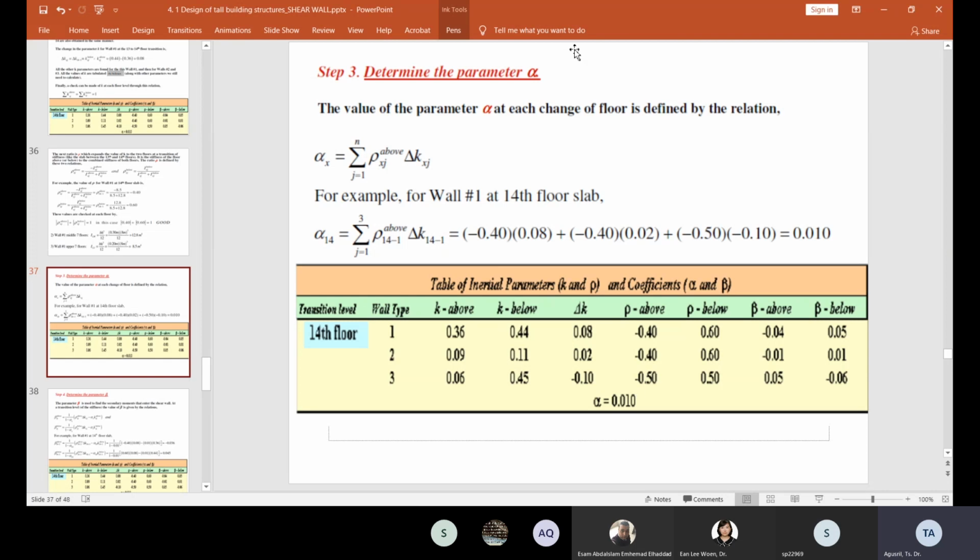So from this we have the alpha equal to 0.010. Okay, so this value is applicable for this level, for the 14 level. Okay, and then the next step we can calculate the beta. Any question until this slide? Any question? No, doctor. Okay, clear.